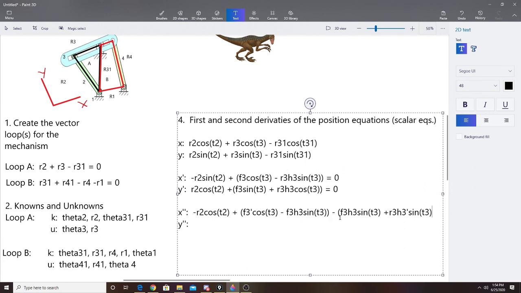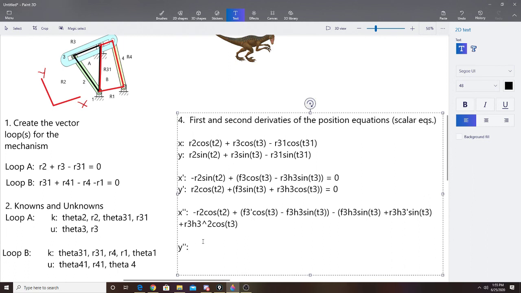Yeah, this is really long and painful. Plus the last one, which is R3 H3 squared cosine of T3. That is quite a lot.